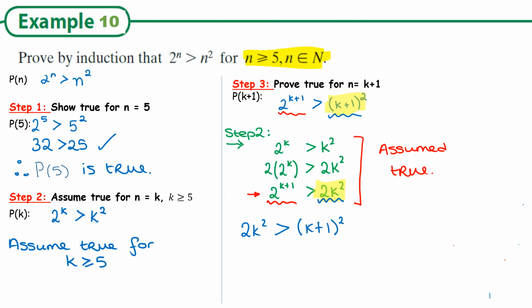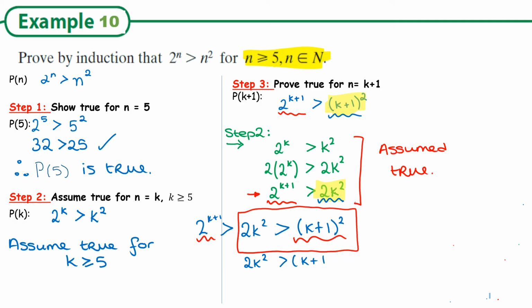Because if that was bigger, we would be able to say that this would be smaller than 2 to the power of k plus 1. So by this logic, we'd have proved that this was greater than that. So that's what we're doing. We're focusing in on this piece here, taking those 2 yellow pieces above. I want to prove that 2k squared is bigger than (k plus 1) squared, because if I prove that, then we've proved what we want.